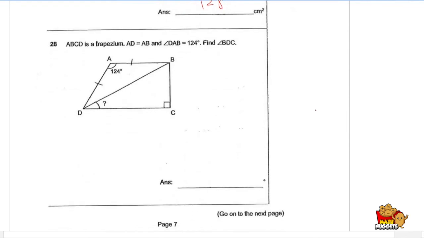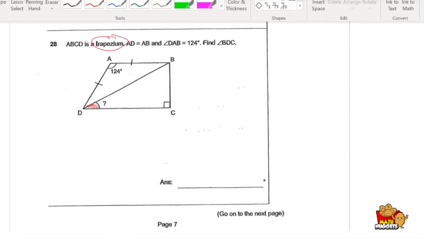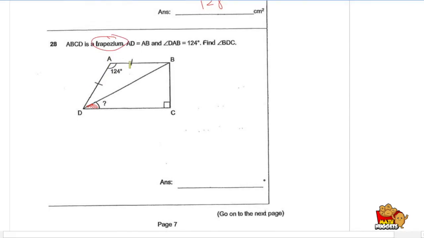Question 28. Find BDC, this part here. If we have a trapezium, it means we have one pair of parallel lines. So let's look at the parallel lines over here. These AB and CD are parallel.